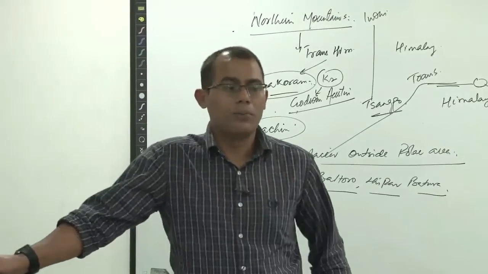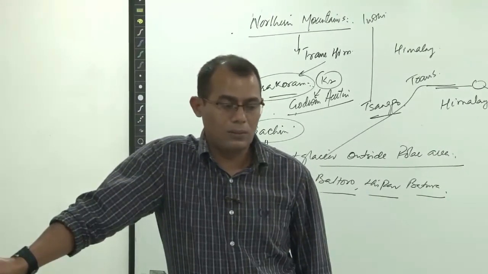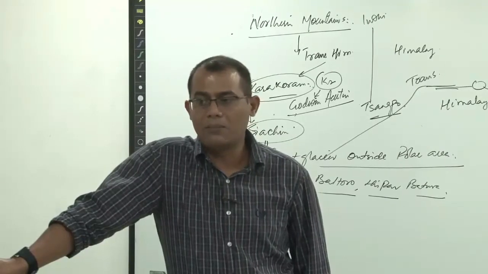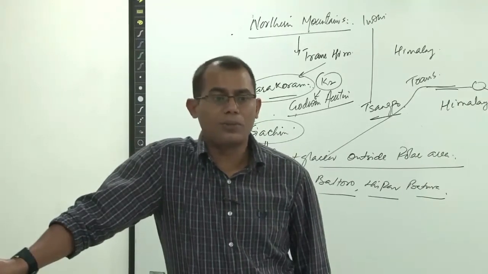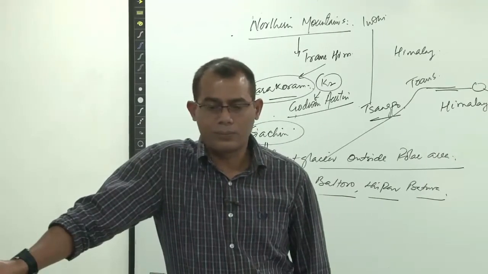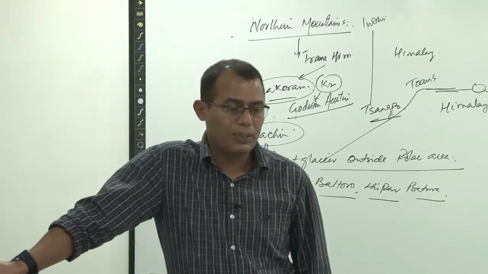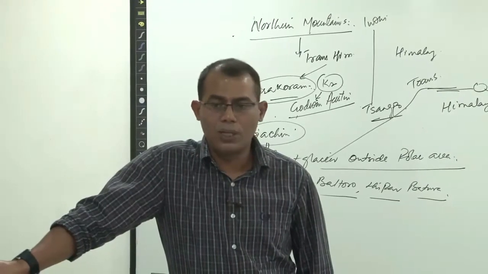Gilgit and Hunza in POK, and Shyok comes from the east side. That is the longest right bank tributary of Indus, Shyok. You can see a portion of Aksai Chin as well. Soda Plain.